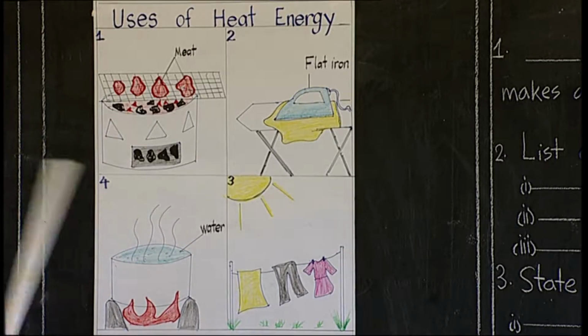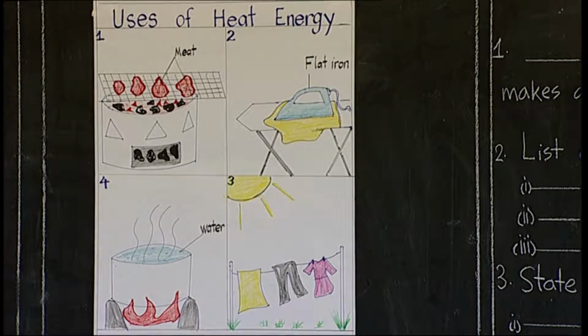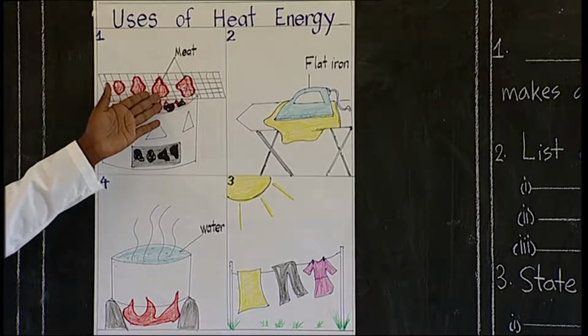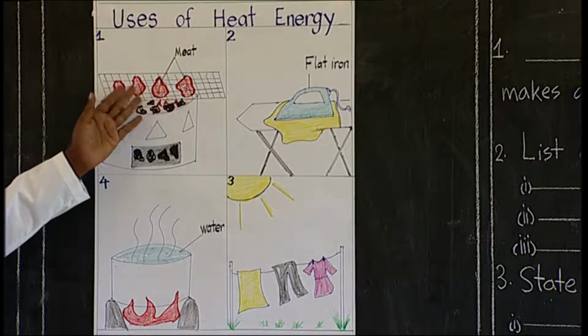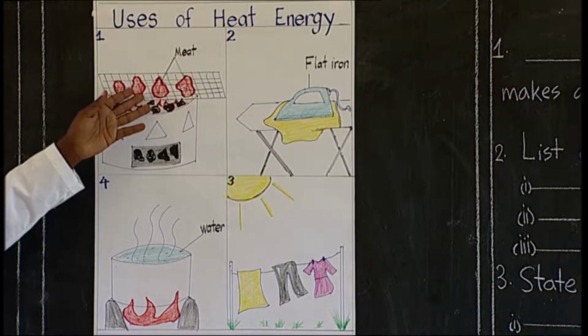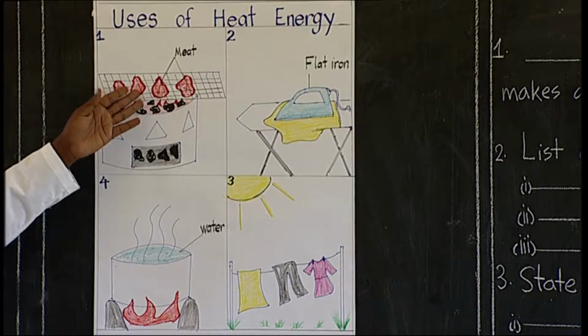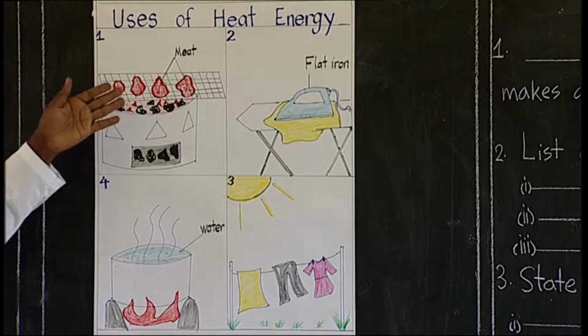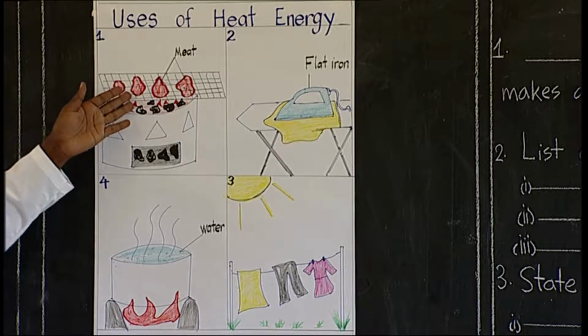So from these pictures, we can round it by saying that, 1, this meat, first of all, is food. The meat is a source of food. Therefore, we can simply say that one use of heat energy is to cook food.